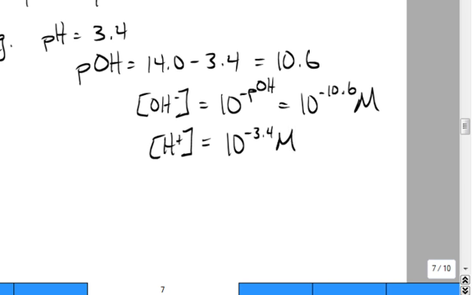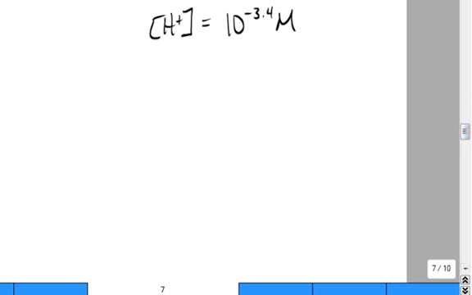Another convenient relationship to establish, we've seen that Kw equals Ka of an acid HA times the equilibrium constant Kb of that specific acid's conjugate base, A minus.